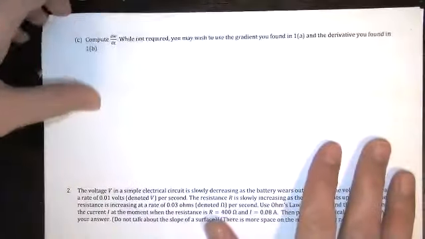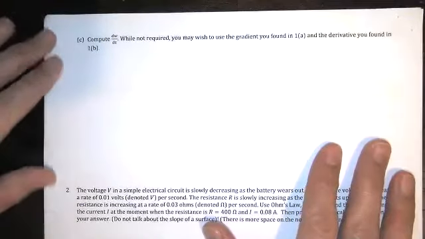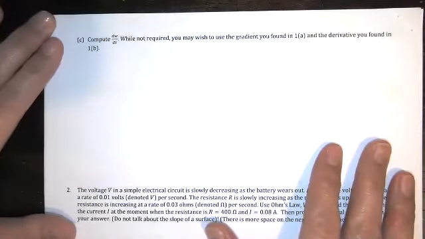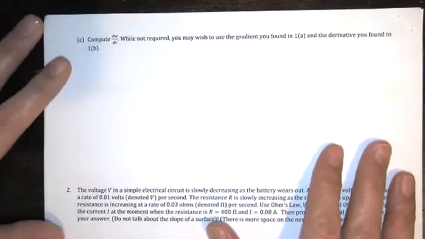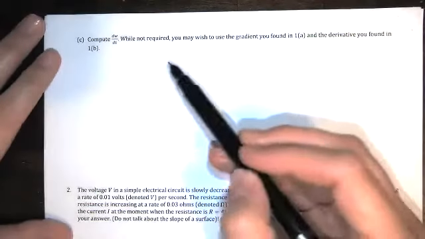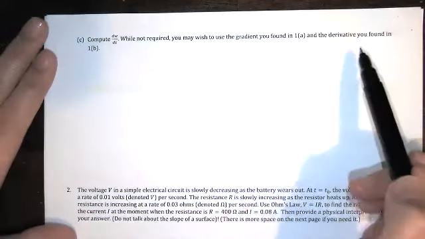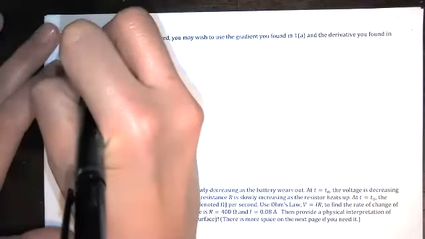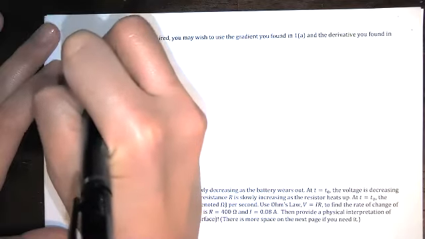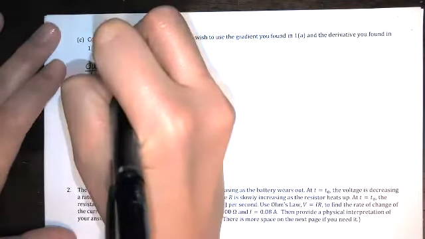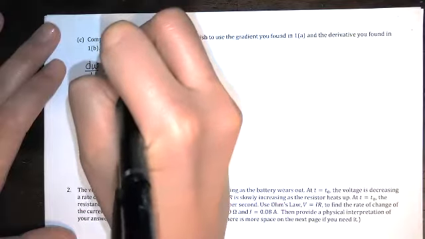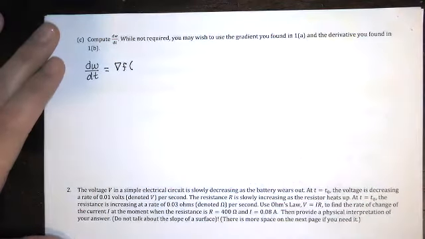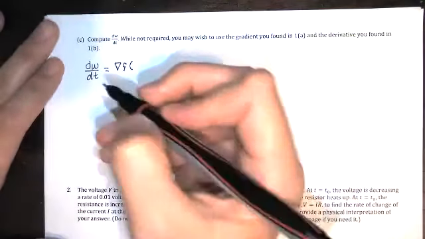On the next page, we're asked to find the change in w with respect to t. Remember, w is that function of 3 variables that we were just looking at. It says, while not required, you may wish to use the gradient you found in 1a and the derivative you found in 1b. I think I will do that. The derivative of w with respect to t is the gradient of f, where w is equal to f of x, y, and z.